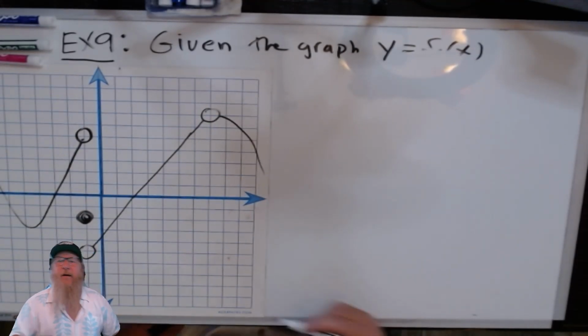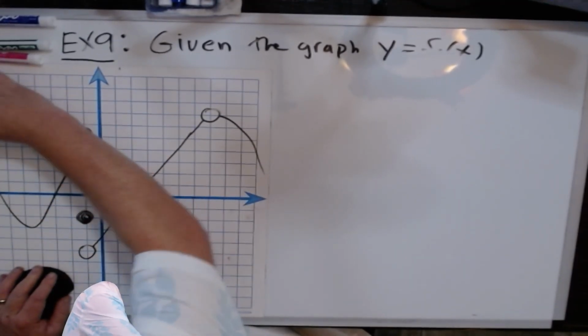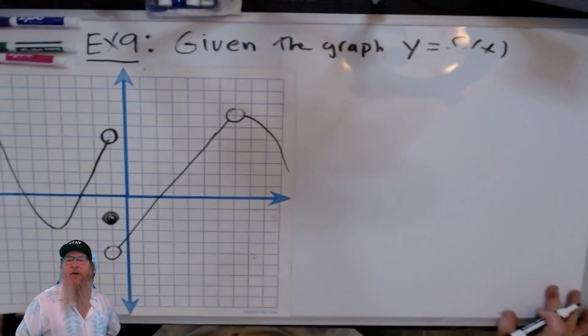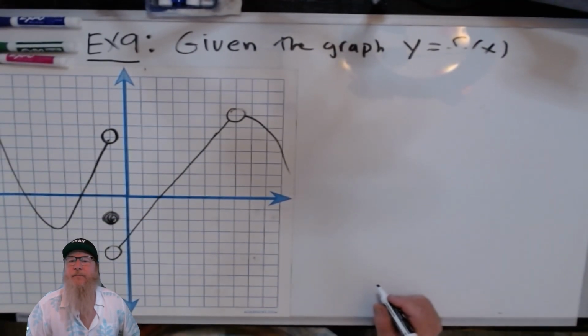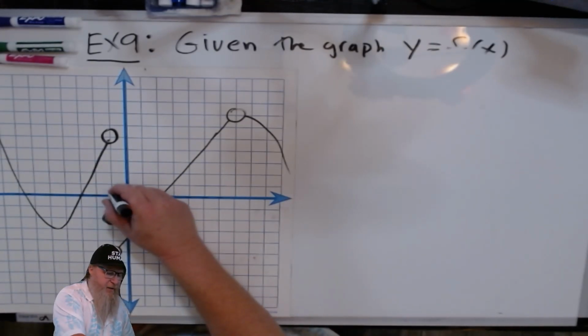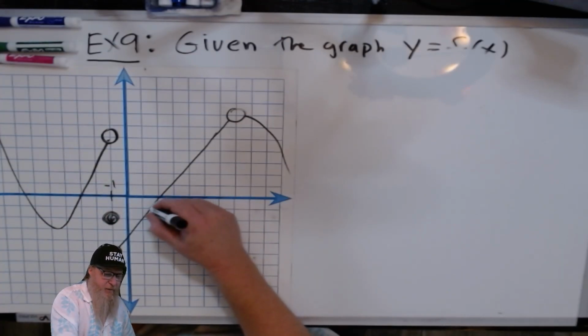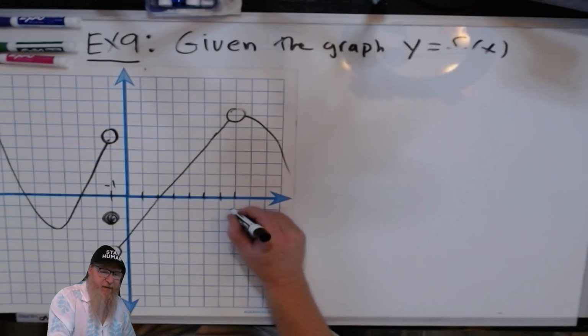Hey, you look familiar. I feel like we've seen this one before. I did change around some of the x and y values, but other than that, it's basically the same question. All right, so let's find our critical values. So this is -1, 1, 2, 3, 4, 5, 6, 7 again.